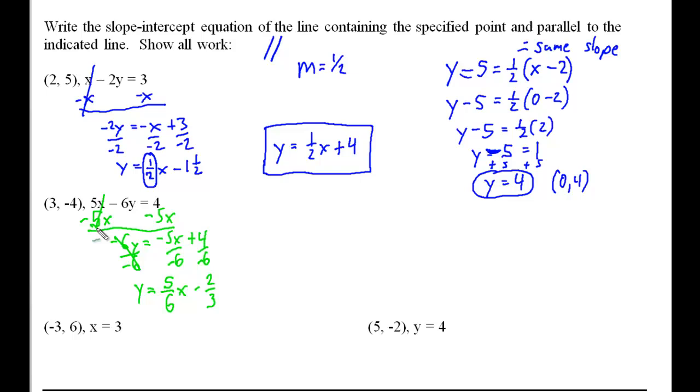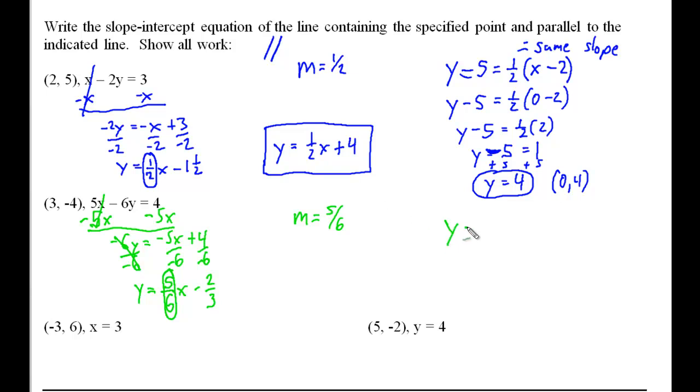Now I want a line that's parallel to this, that goes through this point. We haven't used the point yet, but we're going to use this slope, 5/6. So my slope parallel to 5/6 is 5/6. And since it's parallel, we're going to use that in our point-slope form.